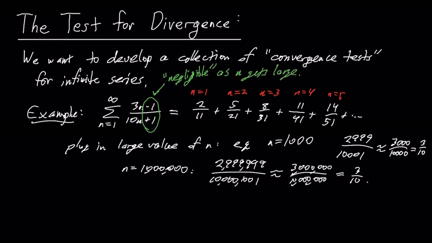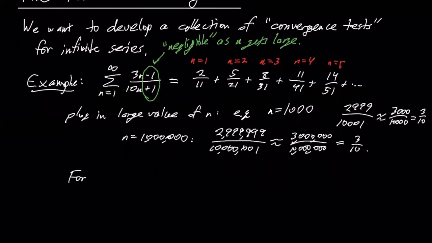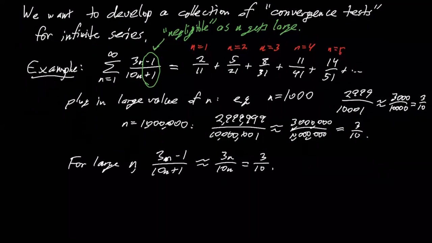So in fact, for large n, and I'll give a more formal argument in a moment, (3n minus 1) over (10n plus 1) is approximately 3n over 10n, which is 3/10. But now let's think about doing this sum and what happens as we go further down the list and keep adding.